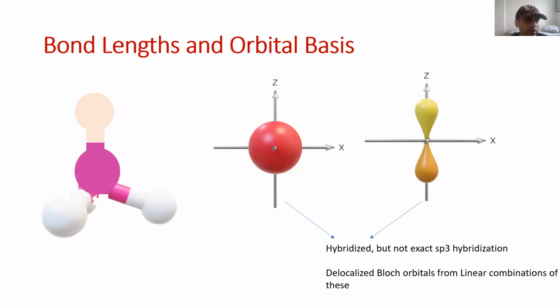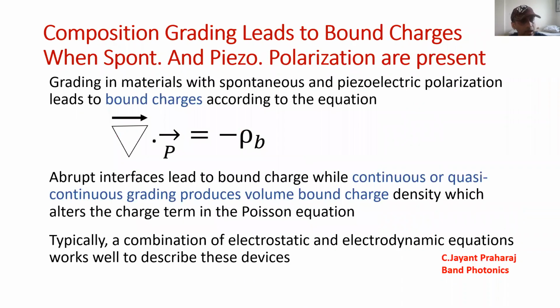In this slide, we basically show typical bond lengths and the orbital basis for hybridization that is used to form delocalized Bloch orbitals in these kinds of semiconductors. One important thing to keep in mind is that when we do composition grading in these materials, the spontaneous and piezoelectric polarization also gets graded.